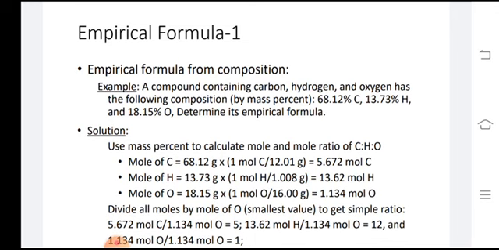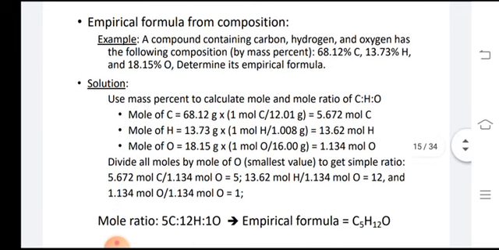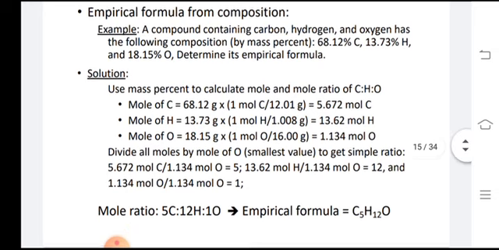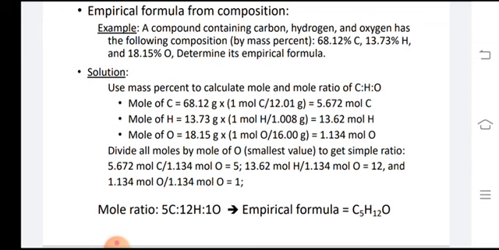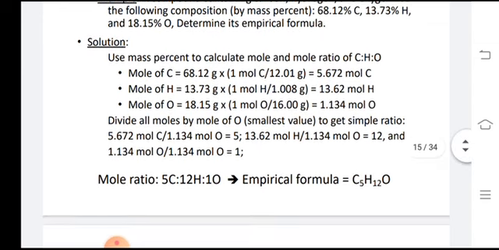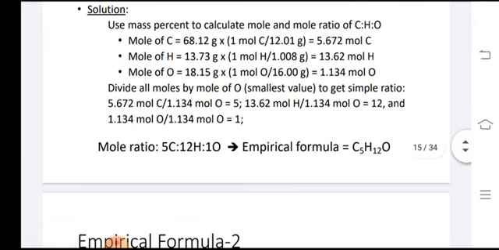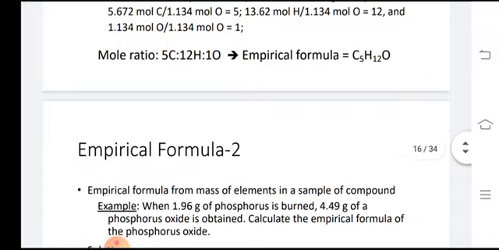From the composition we can find the percentage, and then we can find the ratio proportion of each percentage, and that will define the subscript of that atom. I think this can be done simply by getting the simple ratio, and then the mole ratio is here.